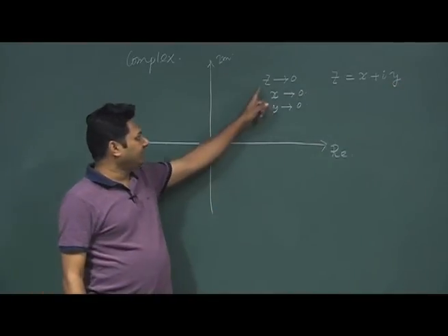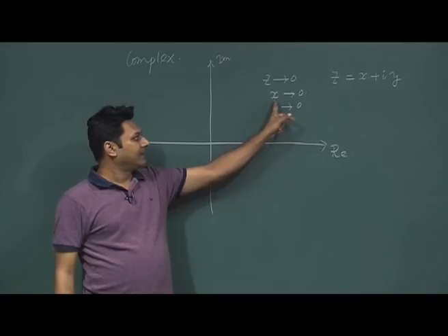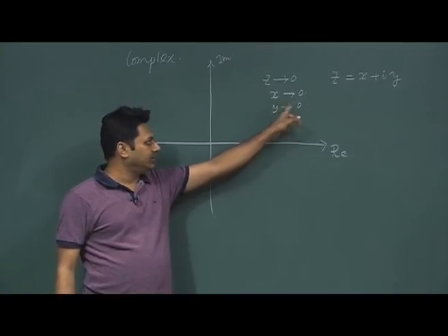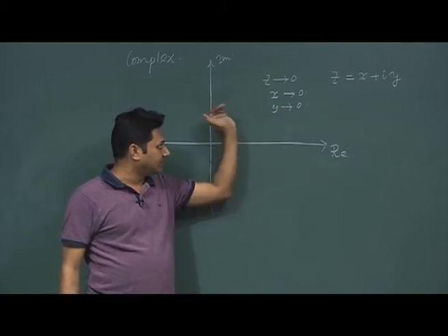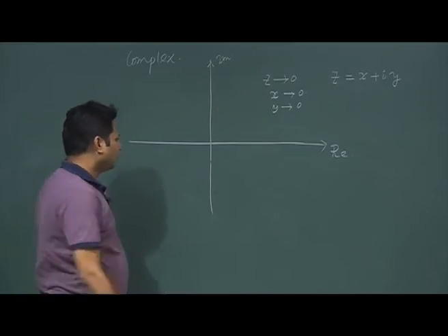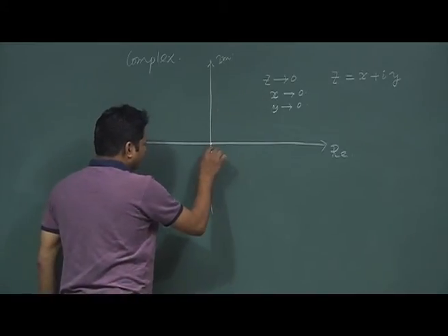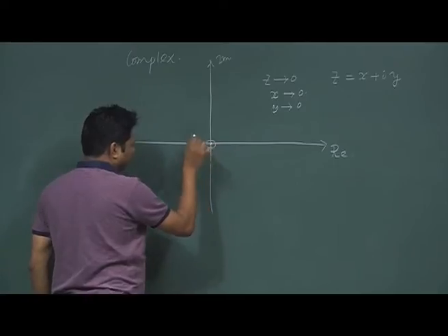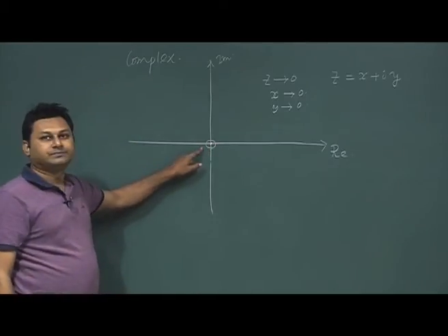When I am saying z tends to 0, that essentially means that x has to be 0 and y has to be 0. That means I am trying to reach this particular point where both x and y equal 0. This is the point where z equals 0.